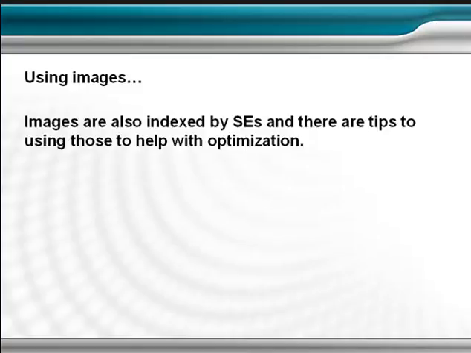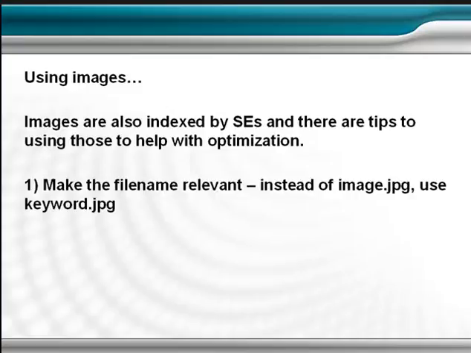The next point is on using images on your site. Images are a great way to express a theme and relevant content on your site. So they're also indexed by the search engines, and there are tips to use to help with optimization when using images. First one is make the file name relevant.